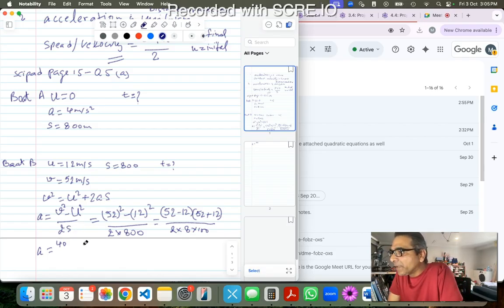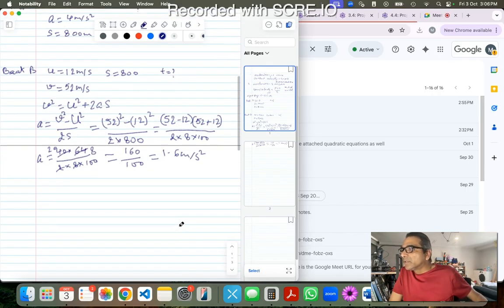So that is 30 times 64 over 2 times 8 times 100. That gives us 160 over 100, which gives us 1.6 meters per second squared.